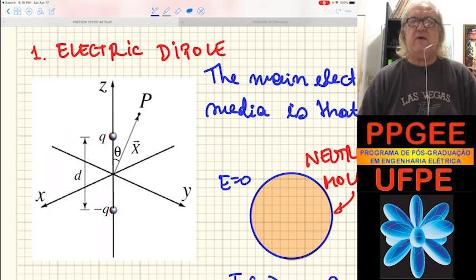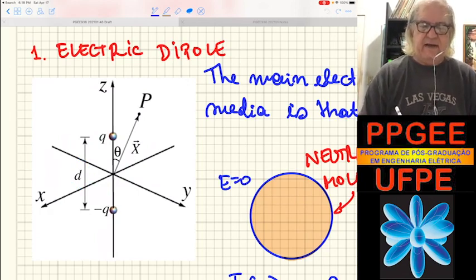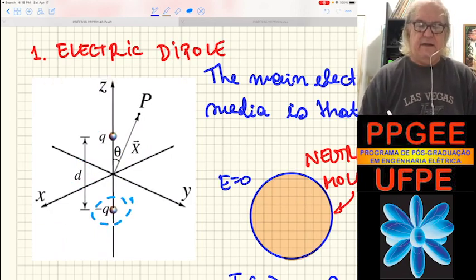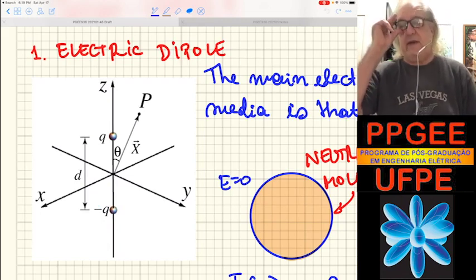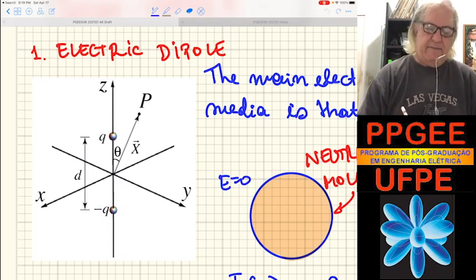And we can calculate the electric effect due to this separation. The total charge is 0, right? But we can calculate how the electric effect depends on the charge magnitude and the separation distance.